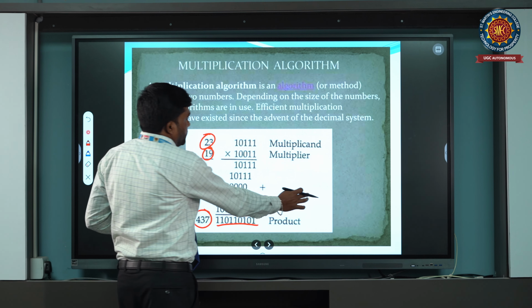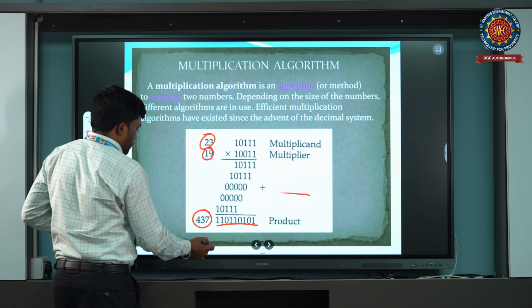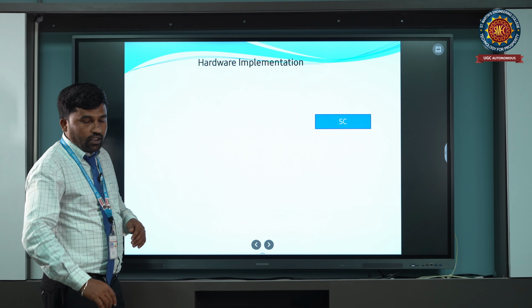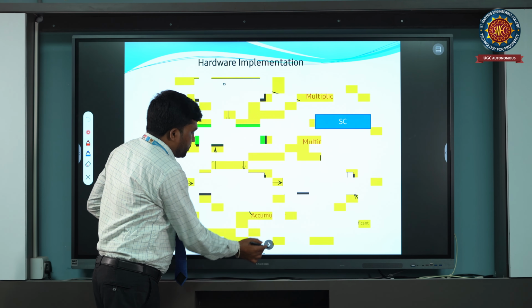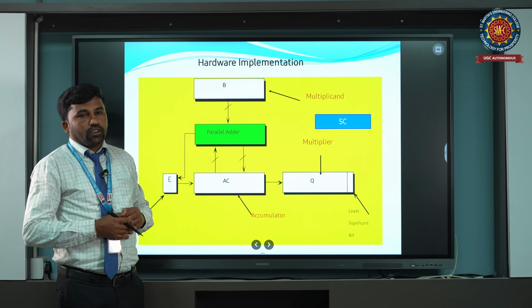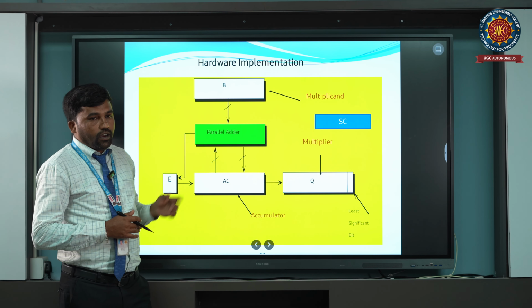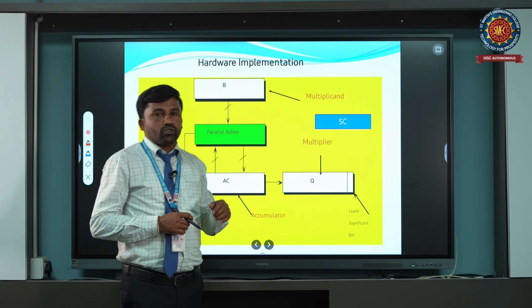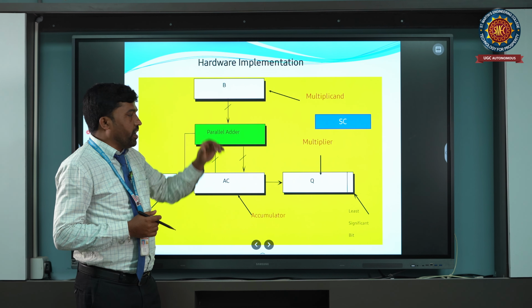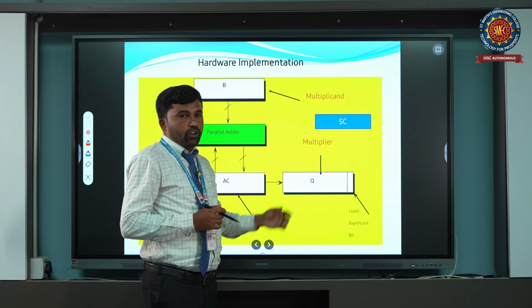So here we first discuss the hardware implementation of the multiplication algorithm. Here we are taking two numbers, 23 and 19. 23, the multiplicand, is stored in the B register. The multiplier is stored in the Q register.